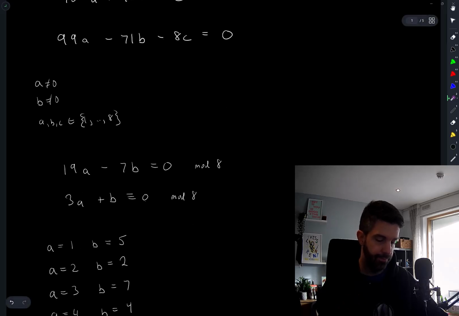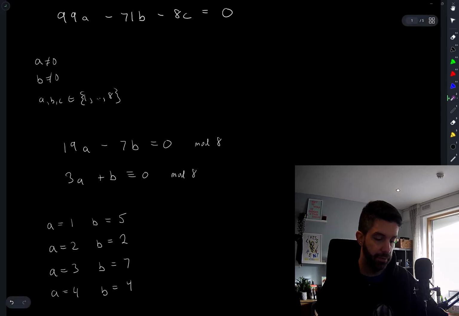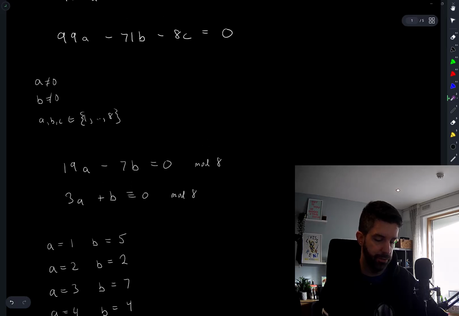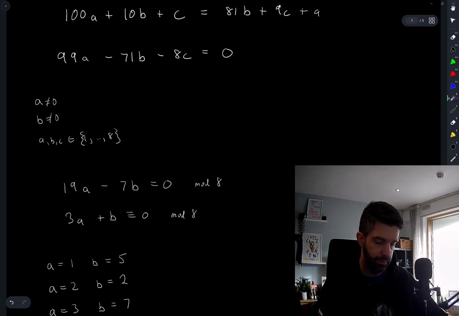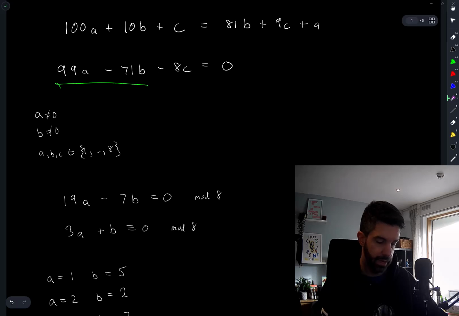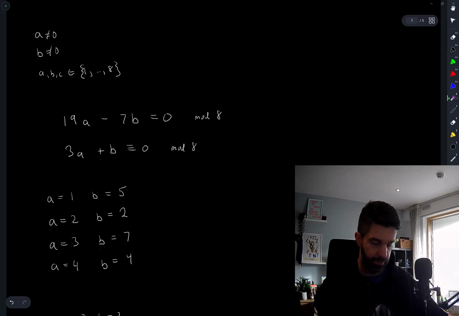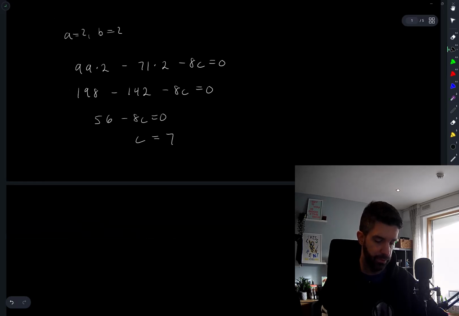Okay, and yeah, 28 is halfway between two multiples of 8. And so when we multiply by 2, it should be a multiple of 8. My instinct was saying originally that this was not going to work when A and B were both equal to 1, because it was not halfway between two multiples of 8. Anyway, it doesn't matter. I did the arithmetic wrong in my head earlier. This appears to be a solution. So the number should be 227.